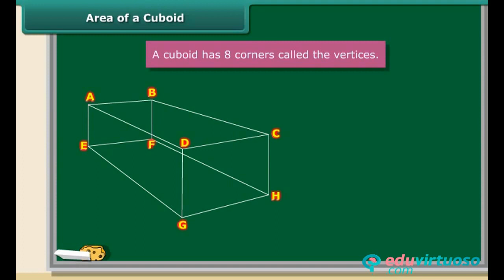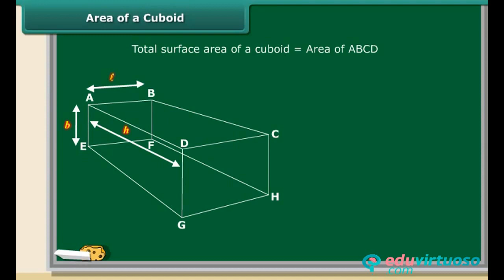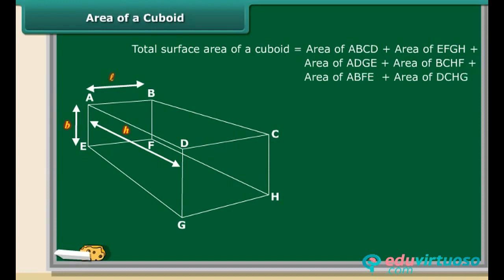Let AB be l, AE be b, and AD be h. Then the total surface area of the cuboid is equal to the sum of the areas of the 6 faces ABCD, EFGH, ADGE, BCHF, ABFE, and DCHG, which is lh plus lh plus bh plus bh plus lb plus lb.